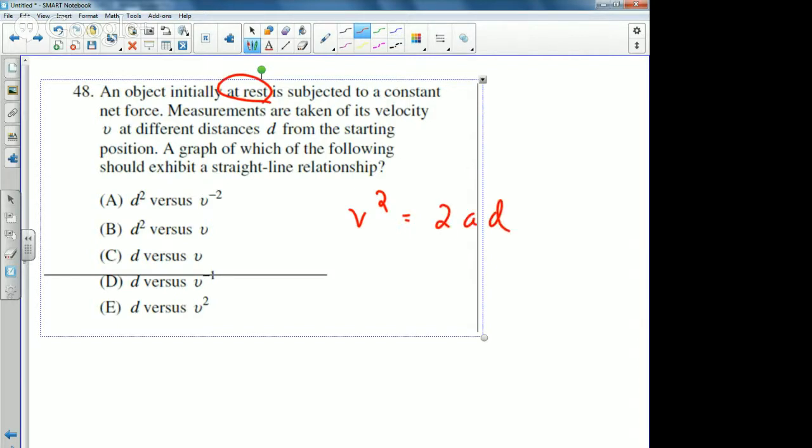That's what exhibits a straight line relationship. All you have to do is relate v squared versus d. But do we have v squared versus d? Oh, actually, we do. I was going to square root both sides, but I don't have to. I was doing v versus the square root of d.